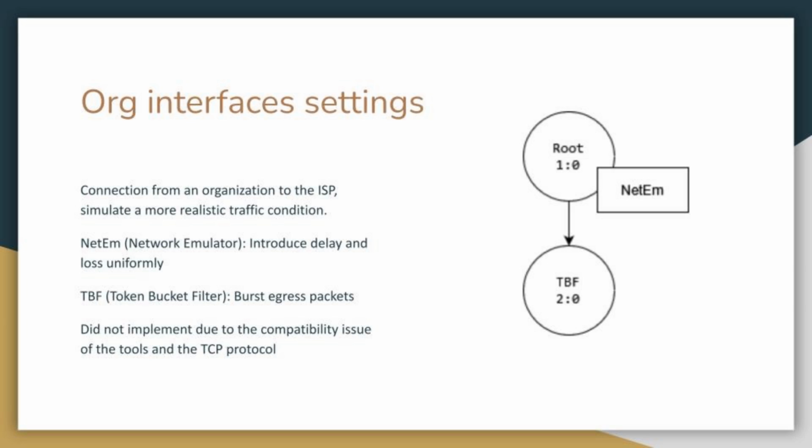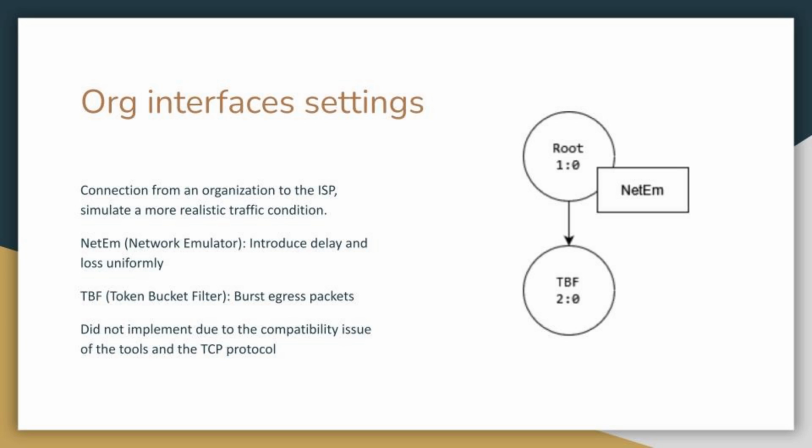To set up the organization switch interfaces, we plan to use network emulators and TBF queue disciplines to achieve a more realistic network condition. The network emulator will slow down packets uniformly by giving delay and loss. The TBF will burst the packets when going out.